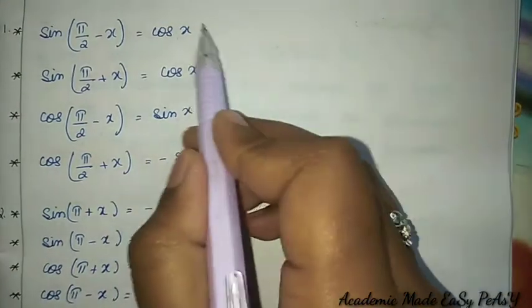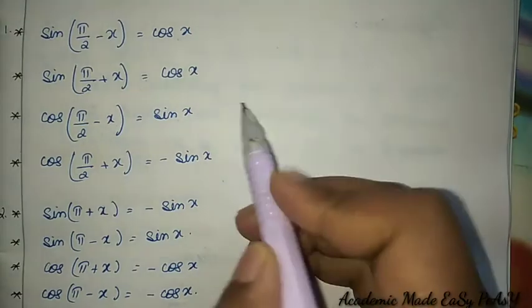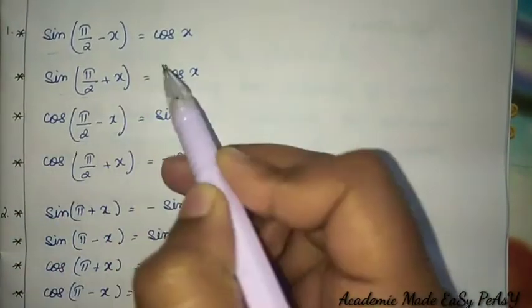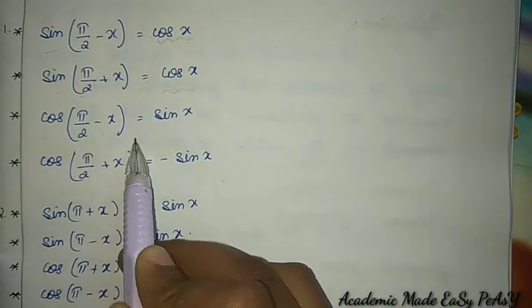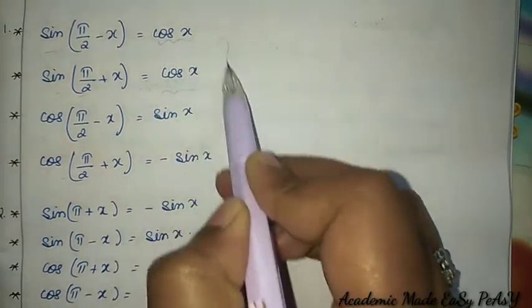So you see, this is very simple. When it is pi by 2, it will be just opposite. See here, sine pi by 2 gives cos. Here cos pi by 2 gives sine. So it is easy, you know.